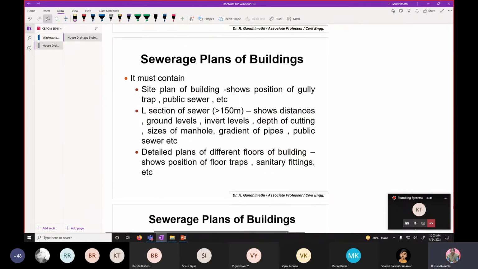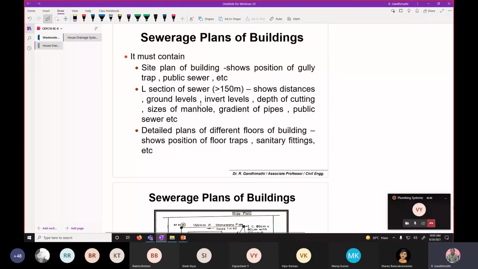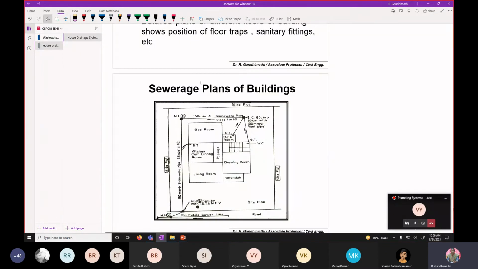You can see that the drawing should show the distances and then ground level, invert level, depth of cutting, size of the manhole, gradient of pipes, public sewer, etc. All like detailed drawings, detailed plans of different floors of buildings, show the position of floor traps, sanitary fittings, etc. This is called sewerage plans of building.